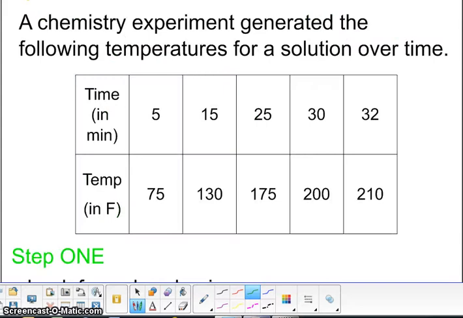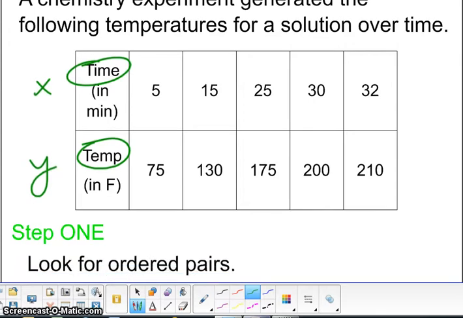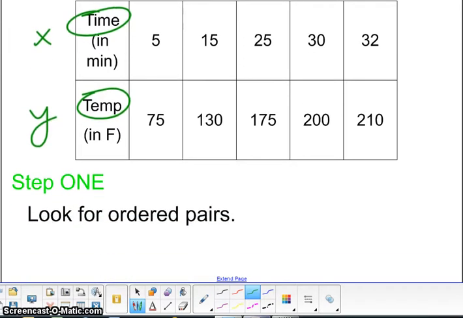The next problem is about a chemistry experiment generated the following temperatures for a solution over time. Here's the time, so this is going to be our x value, and here's the temperature, so it's going to be our y value. So if you notice, in step 1, I'm asking you to look for ordered pairs. So the ordered pairs would be 5, 75, 15, 130, and so on.